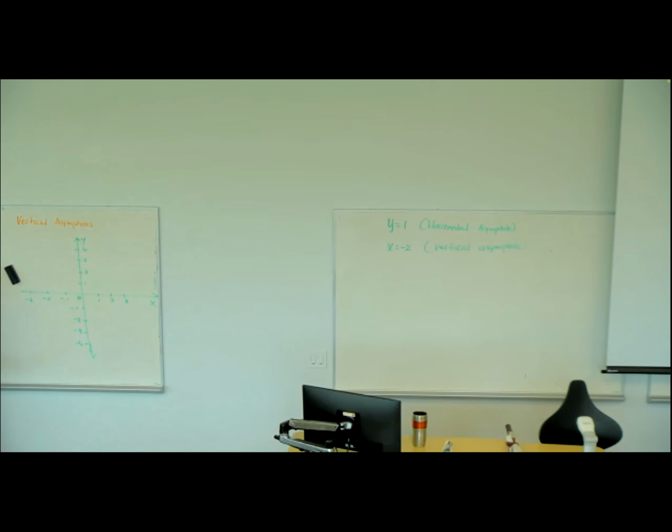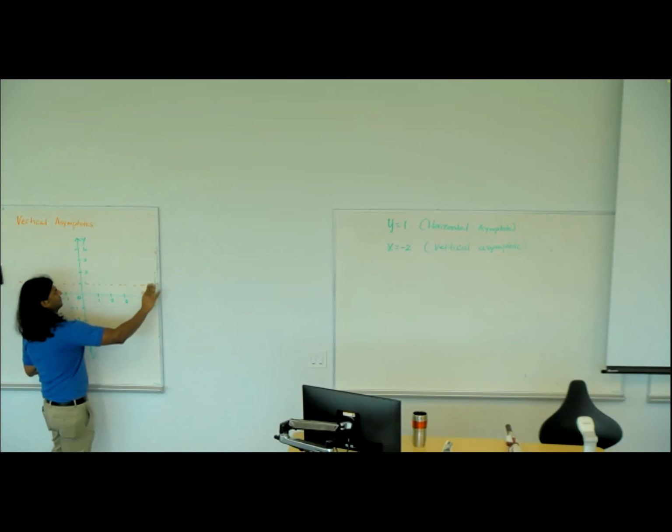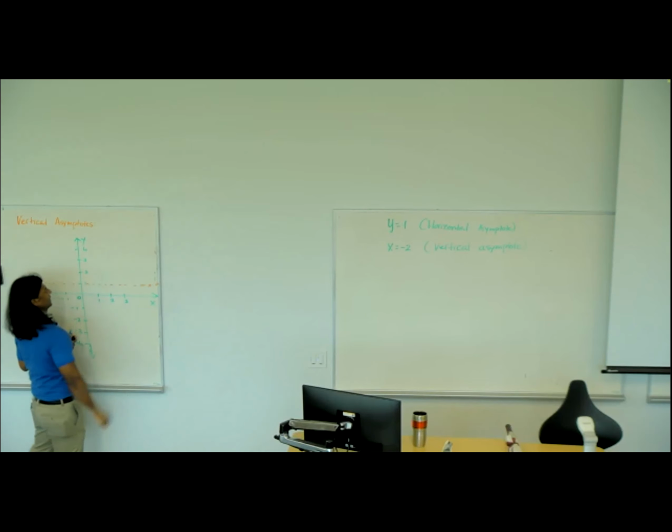The horizontal asymptote is one. The vertical is at x is equal to negative 2, correct?